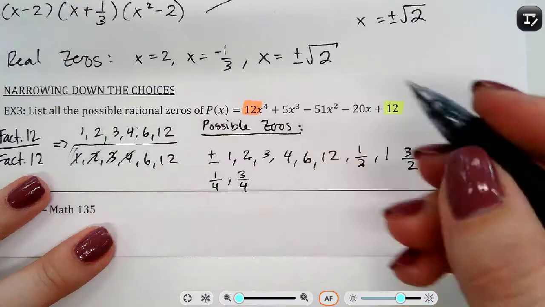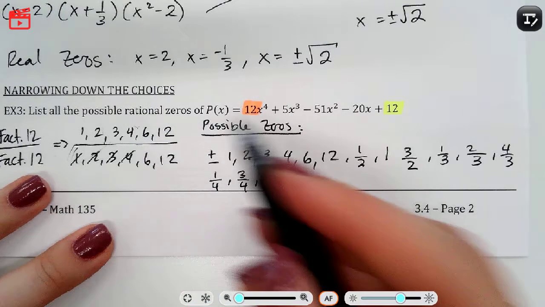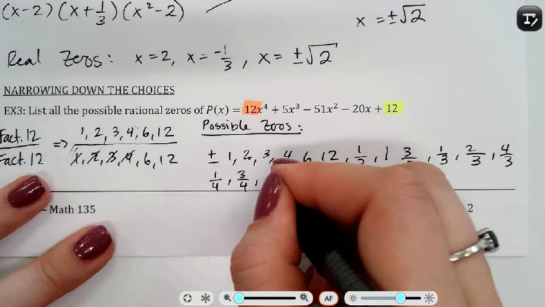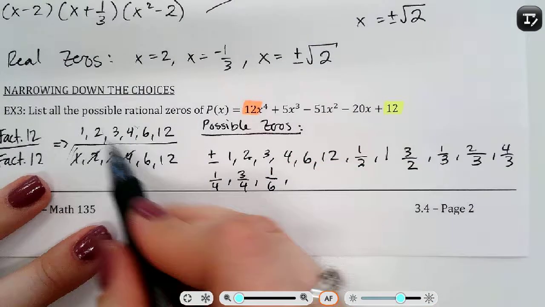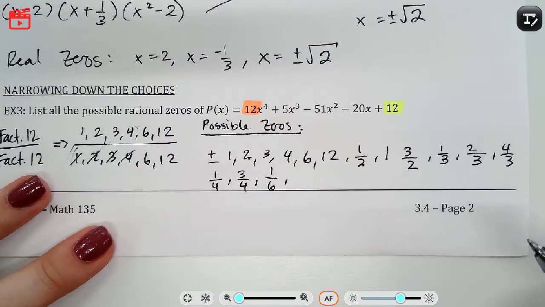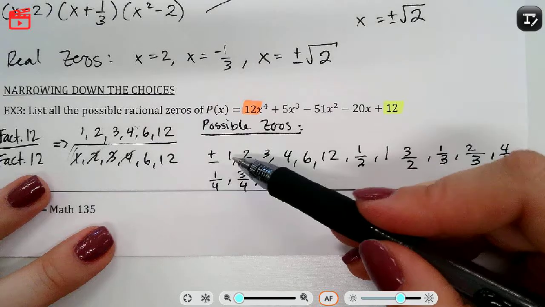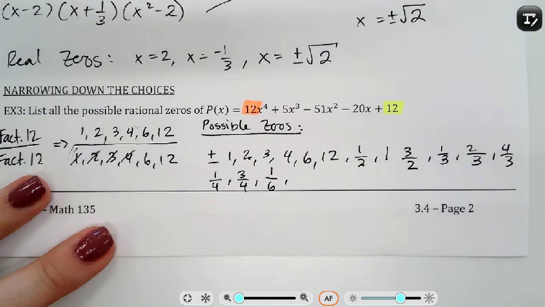Okay, 4s are done. Let's look at the 6. 1 over 6, I don't have that yet. 2 over 6, that's 1/3, which I do have. 3 over 6, that's a half, which I already have right there. Did I already say 4 over 6? Yeah, okay. 6 over 6 is 1, which I already have. 12 over 6 is 2, which I already have.